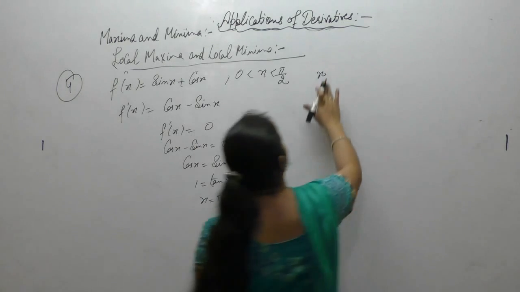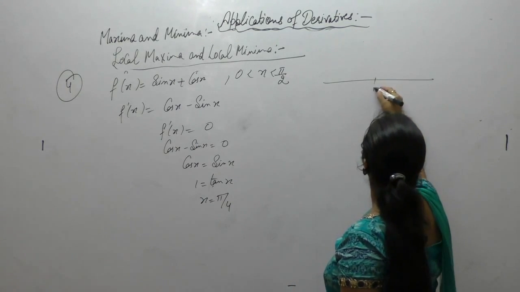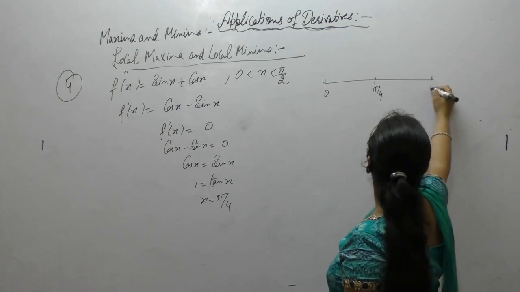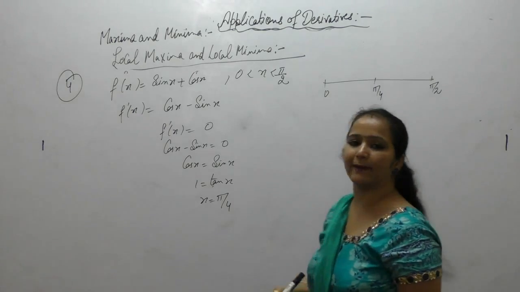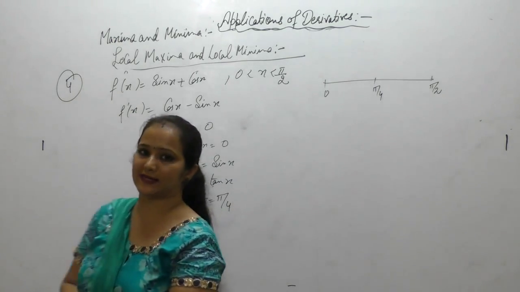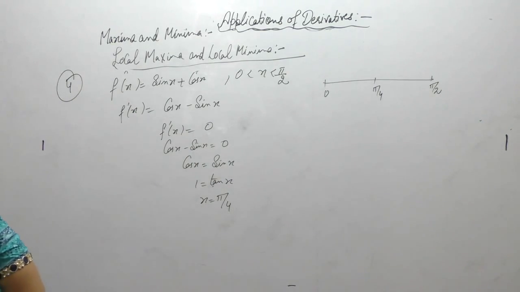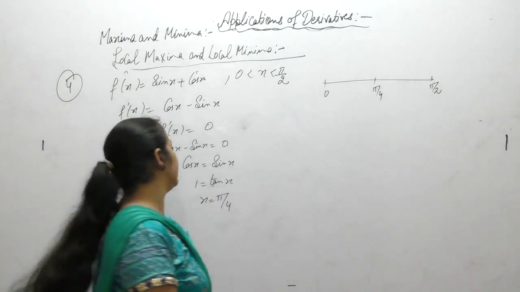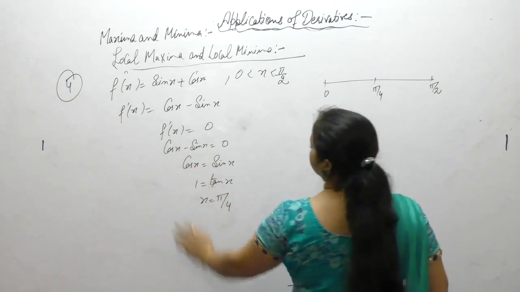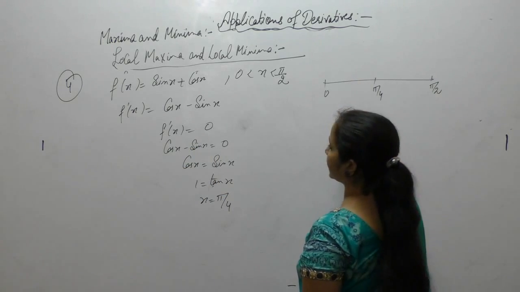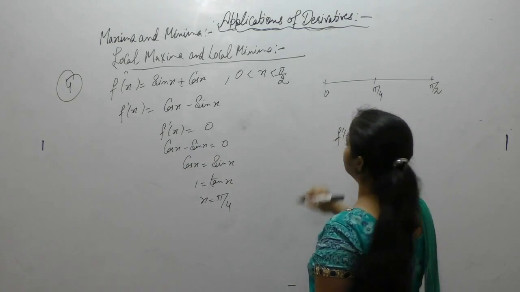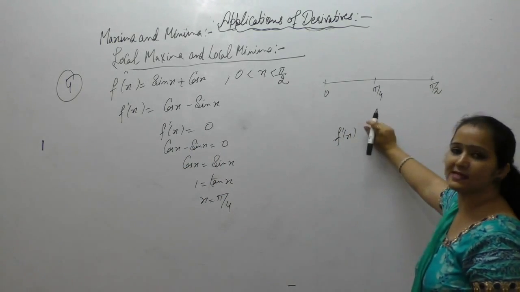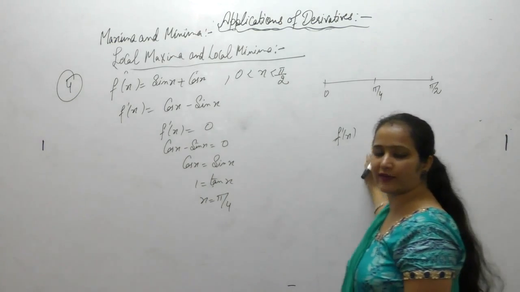Now we have to see whether the point pi by 4 is a point of local maxima or local minima. When x is less than pi by 4, let it be 30 degrees. Put it in f dash x. f dash x is cos x minus sin x.